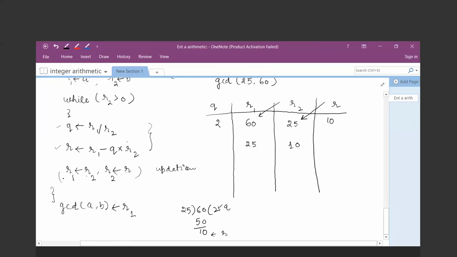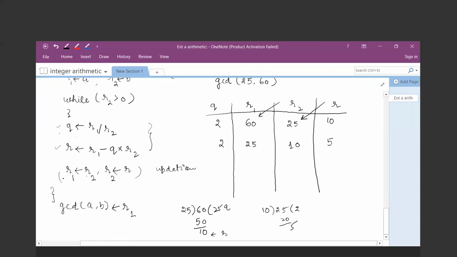Again we check whether R2 is greater than 0. Yes, it is greater than 0. Then calculate the value of Q. The quotient is 2 and the remainder is 5.